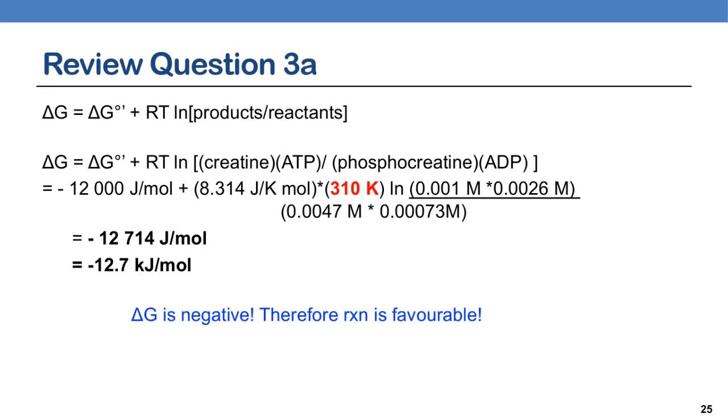Someone says, how do we know it's 0.001 times 0.0026? Because you're going to put your concentration of your products over your concentration of your reactants to represent the ln of our K equilibrium.